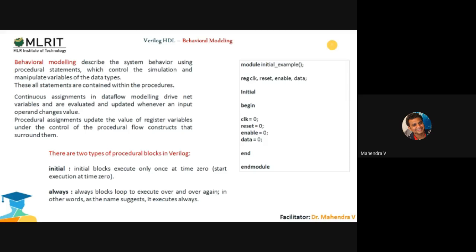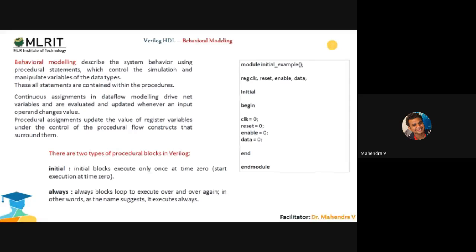And here we use the continuous assignments. As we used continuous assignments in data flow modeling, here also we use them, but we can call them procedural assignments, which can update the storage elements, that is the registers. In data flow modeling, the continuous assignment is just a net type.